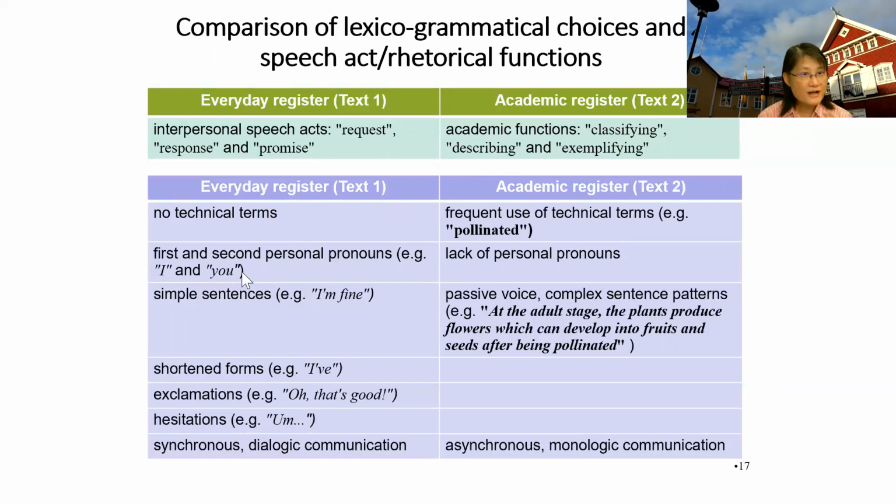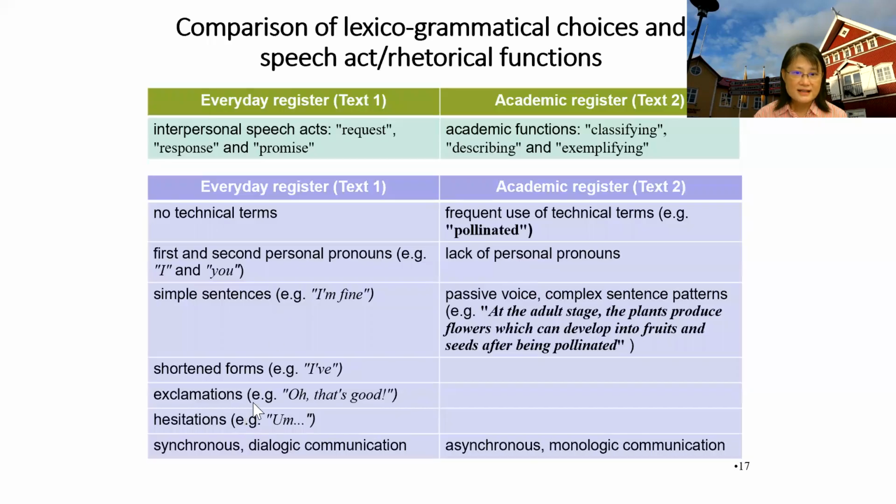And for everyday communication, you can use a lot of personal pronouns because the social distance is close. But for school text, academic text, usually the social distance is not so close, maybe more hierarchical, so you seldom directly use personal pronouns. Simple sentence structures for everyday conversations, more complex, like relative clauses, right? Complex sentence patterns for academic school texts.